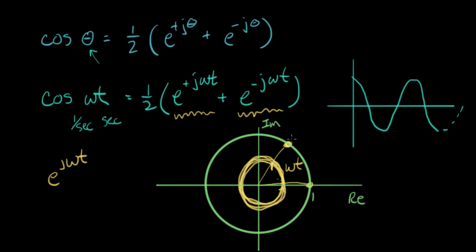So here's this complex number moving along the unit circle in time over and over and over again. So this is a number that is rotating. The number is rotating. So I can write here e to the j omega t, and because time's up here, I know it's rotating in time.